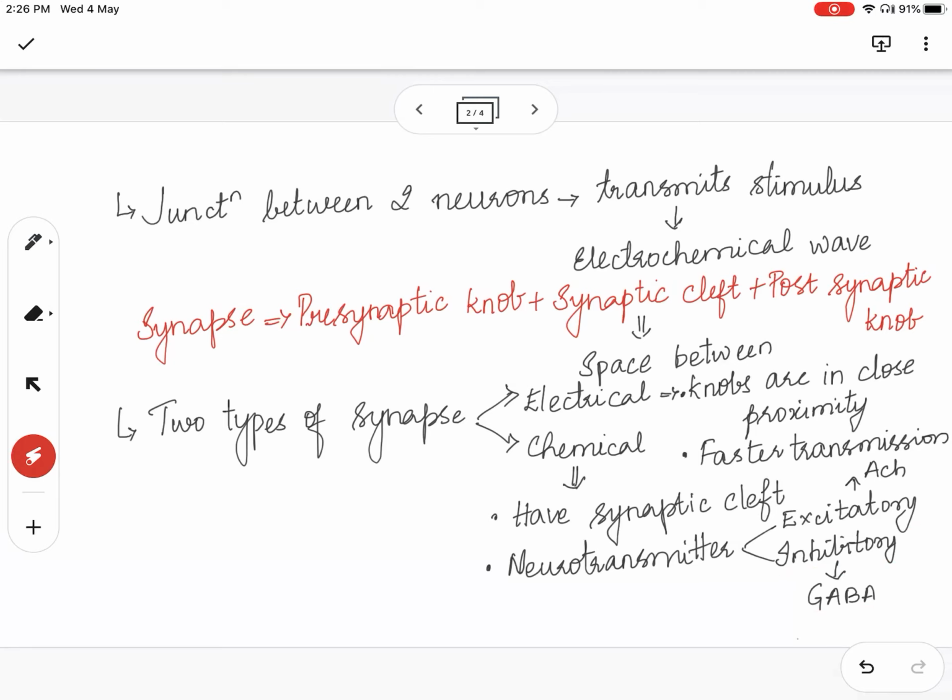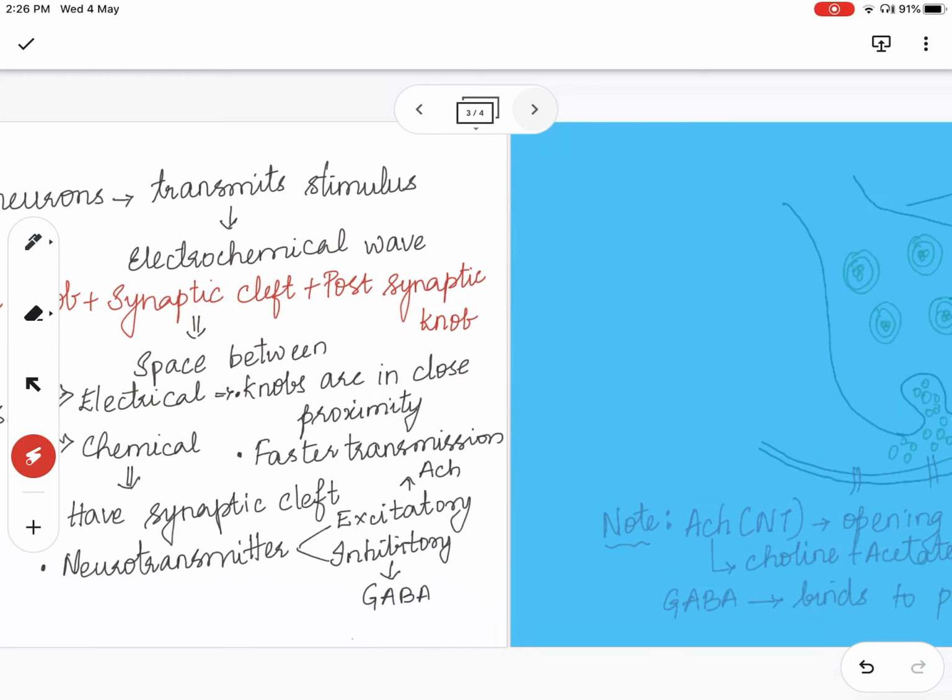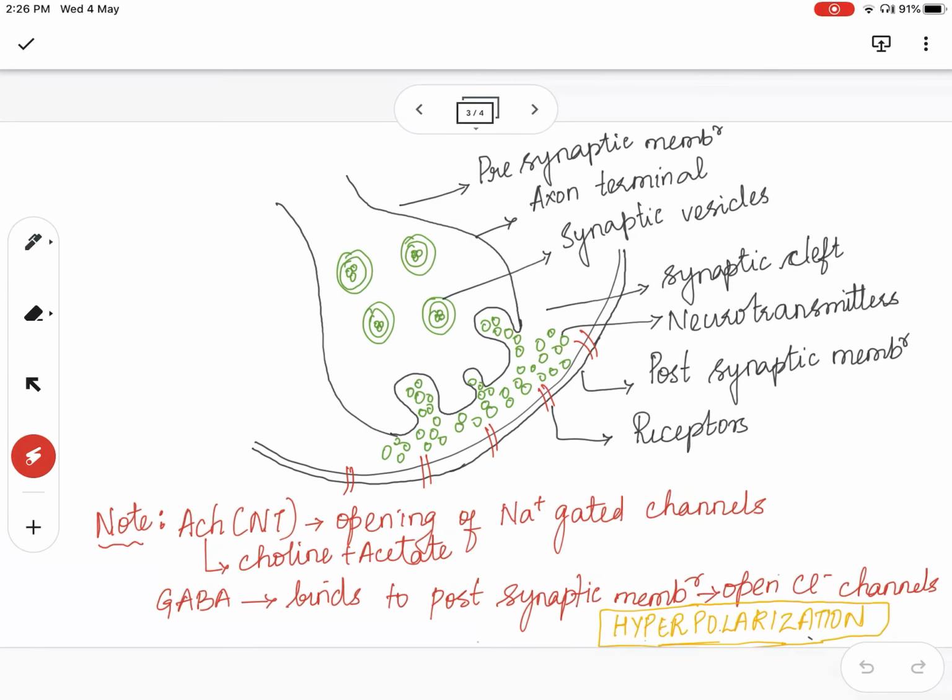Then proceeding further, we will be understanding how the mechanism is going to take place. Please look at the diagram and pay attention. I'll be teaching one by one simultaneously also. So when an action potential is going to get generated, where is it going to develop?